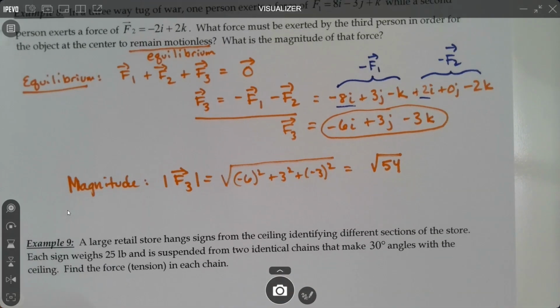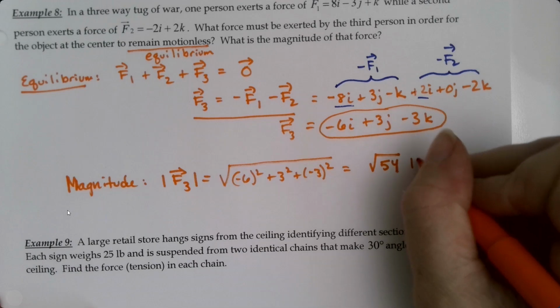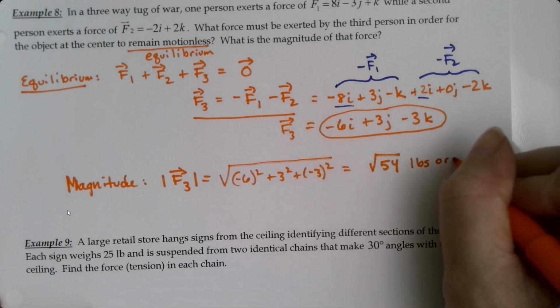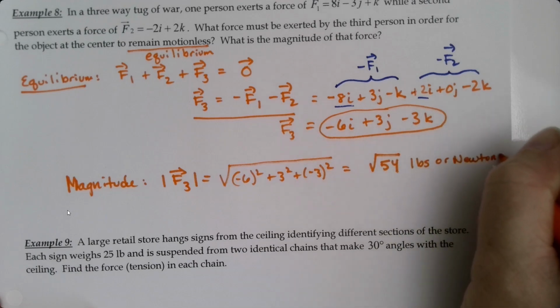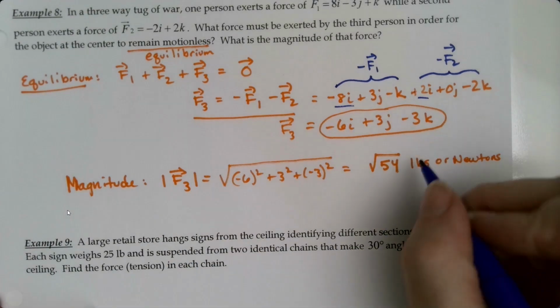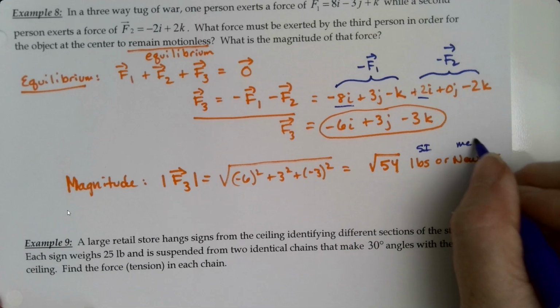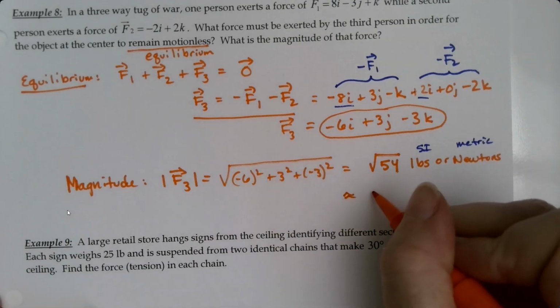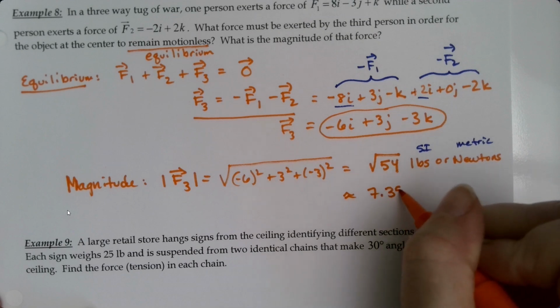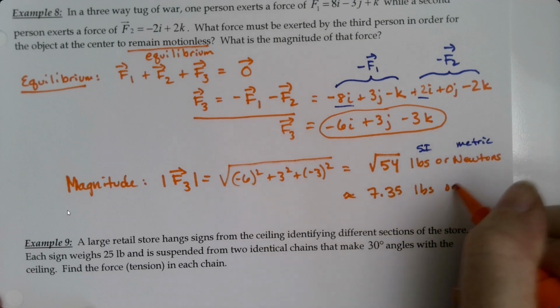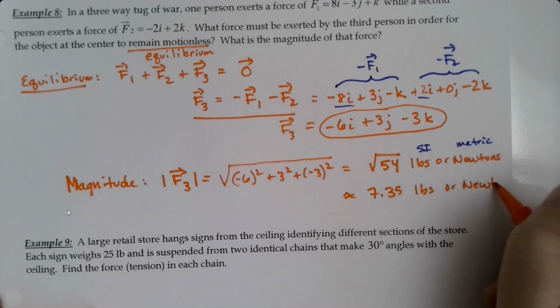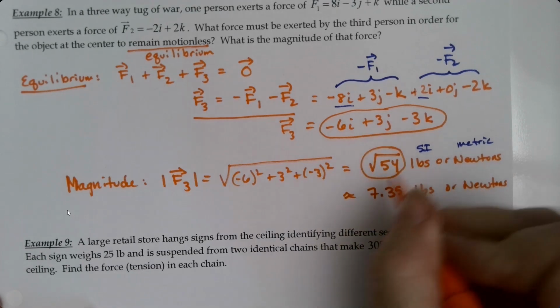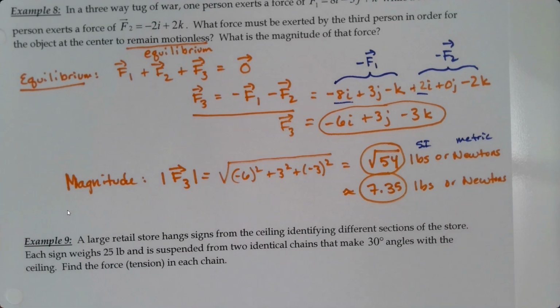It wasn't given to us, so it would be the square root of 54 pounds or newtons, or 7.35 pounds or newtons. Again, they didn't give us the units, so we don't know which one we're working with here.